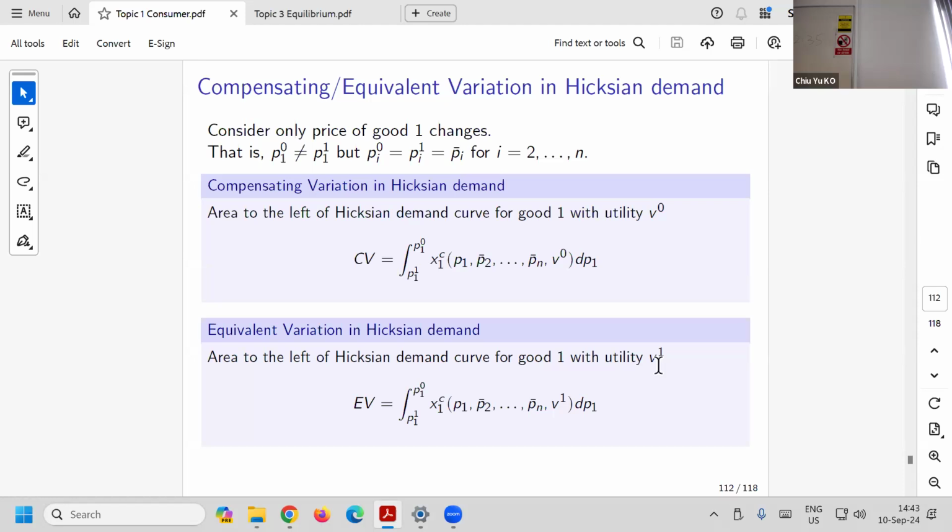Looking at the old utility level is the CV, and EV will be the new utility level. That is what it means. And if you change C to Y, that will be the consumer surplus.